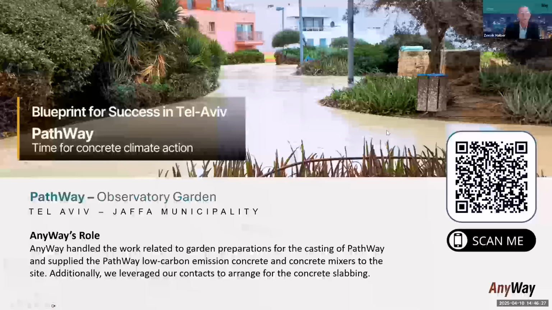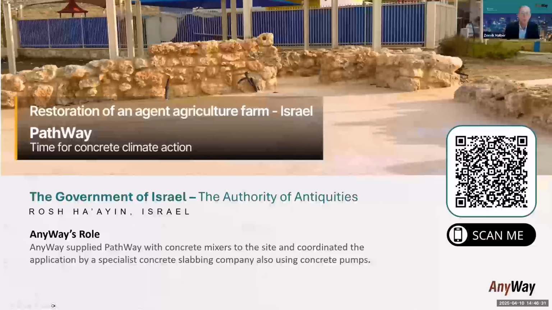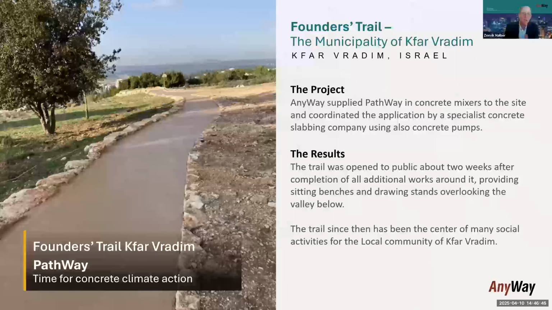We can move on. In all of these projects, we actually produced the concrete and brought it onto the site for a contractor to implement. So it was very important for us to also learn through the process what the limitations are, what we are doing wrong, what is better.